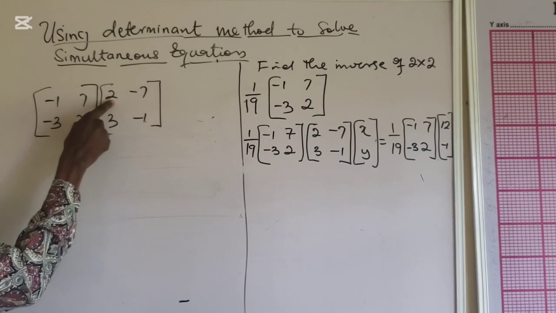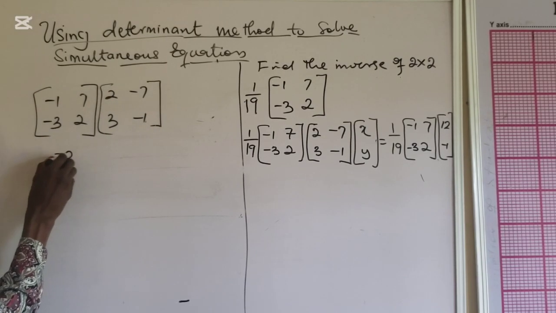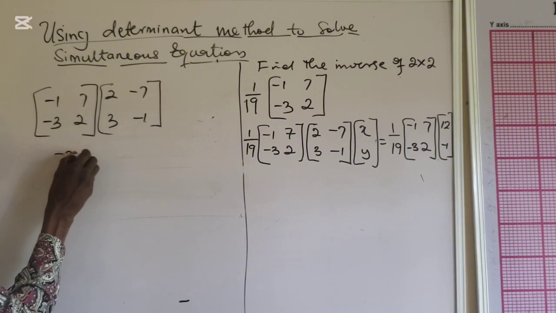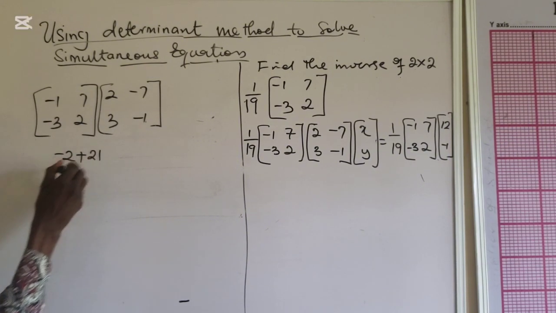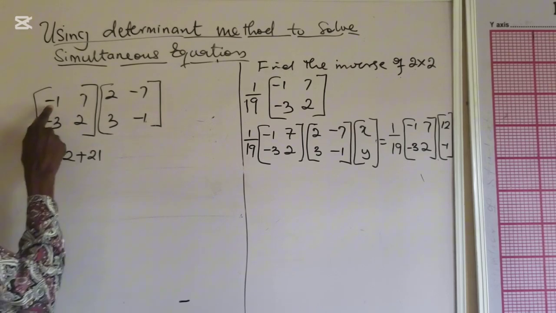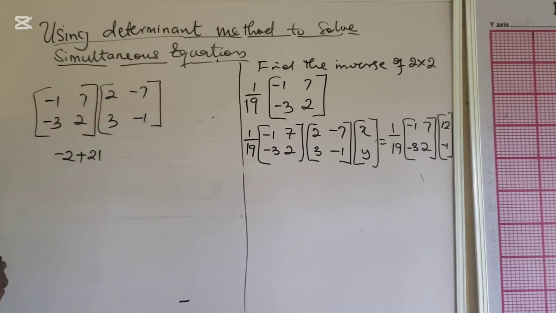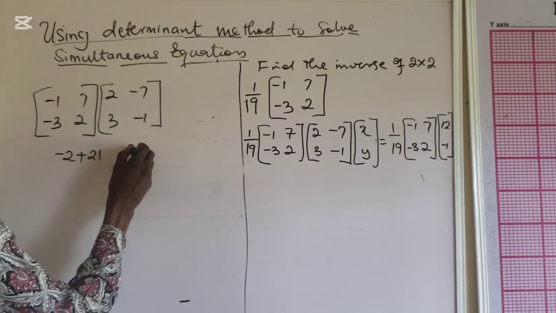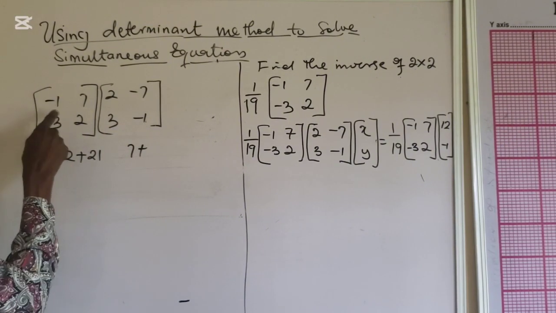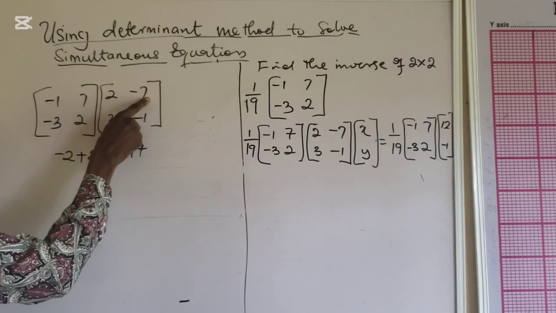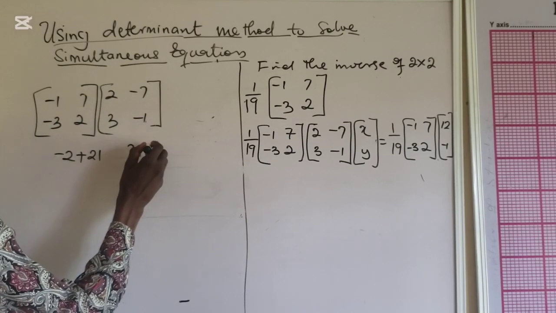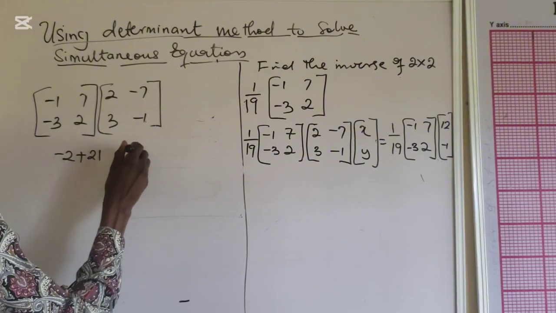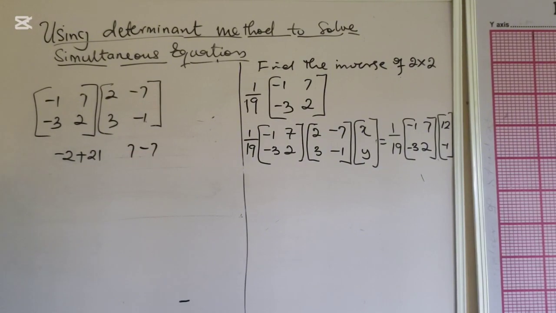So minus 1 times 2 gives us minus 2, plus 7 times 3 gives us 21. Now, minus 1 times minus 7 gives us 7, plus 7 times minus 1 gives us minus 7. So here we turn to 0.